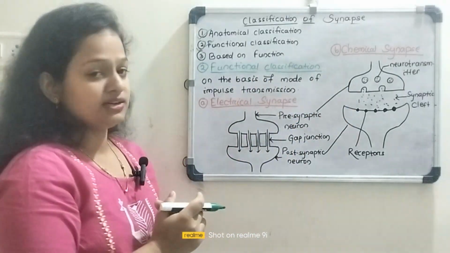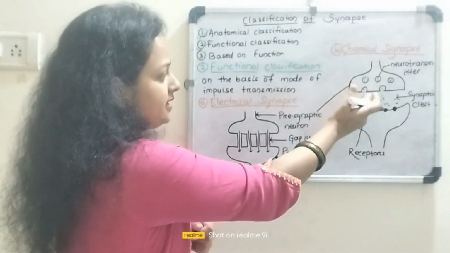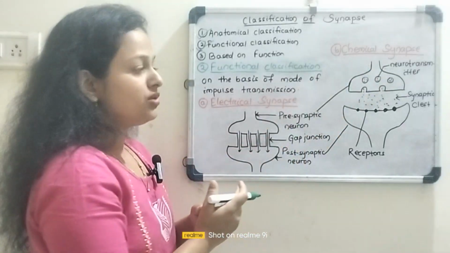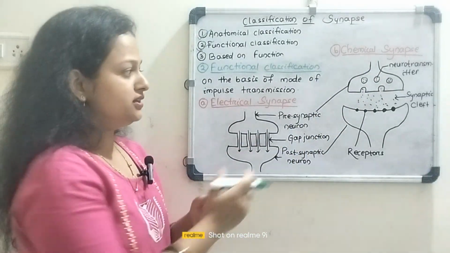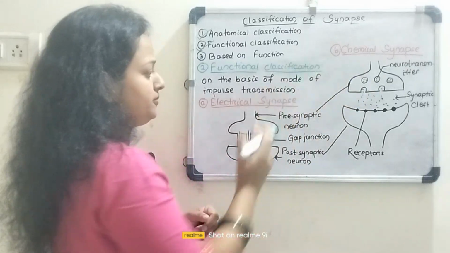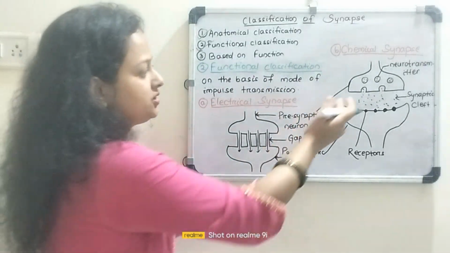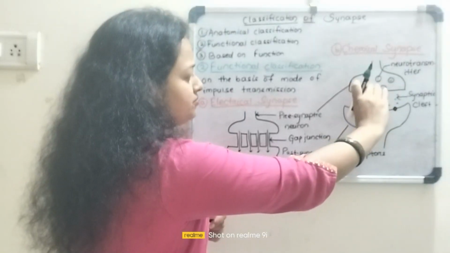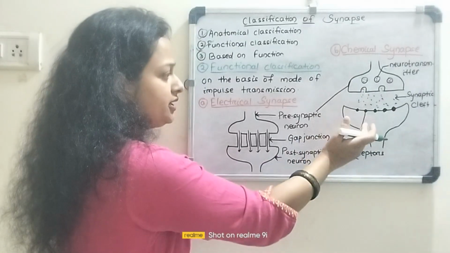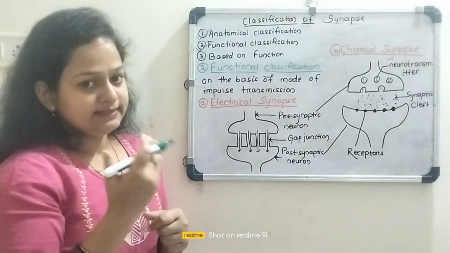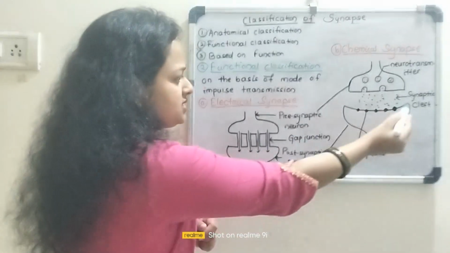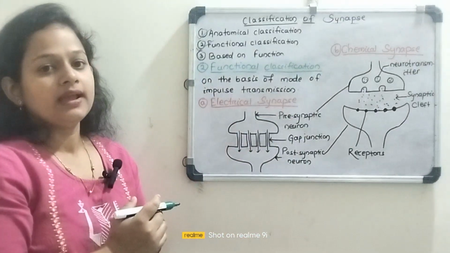Then is the chemical synapse. In the chemical synapse, there is a chemical in the form of neurotransmitter in the presynaptic neuron, and these neurotransmitters are released into the gap between the presynaptic neuron and the postsynaptic neuron, and this gap is known as the synaptic cleft.